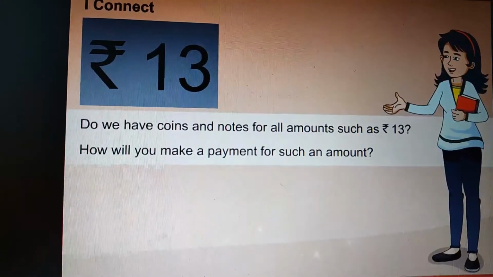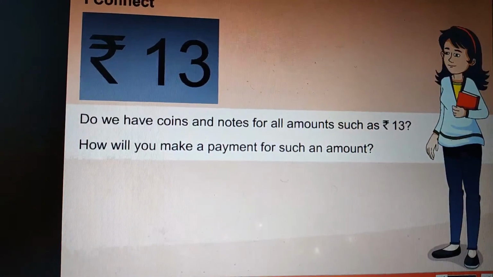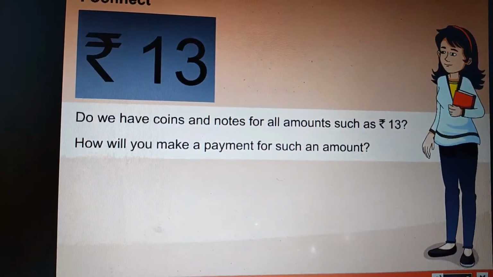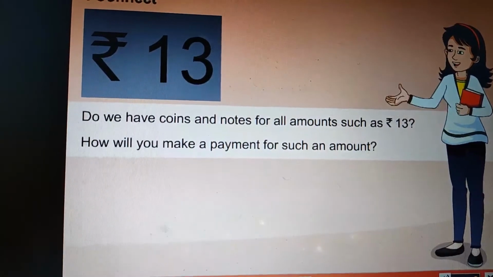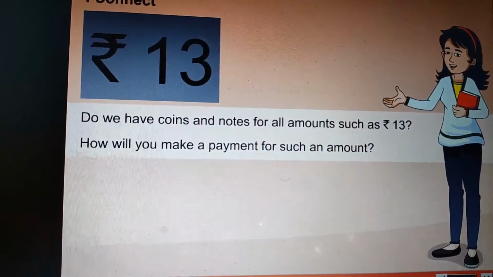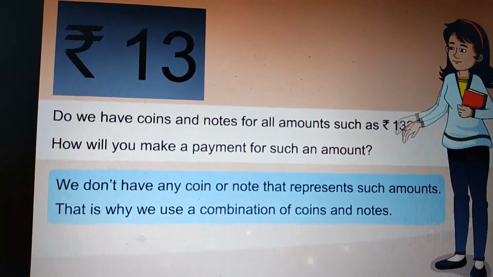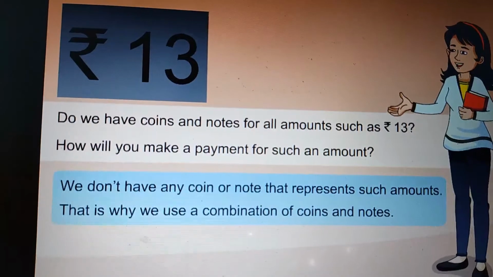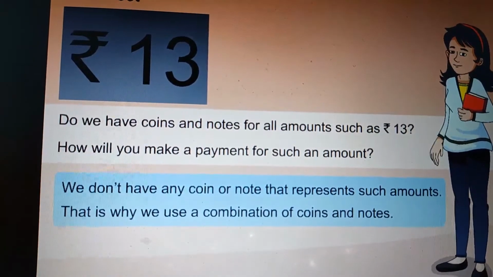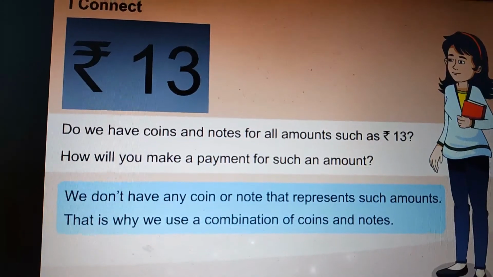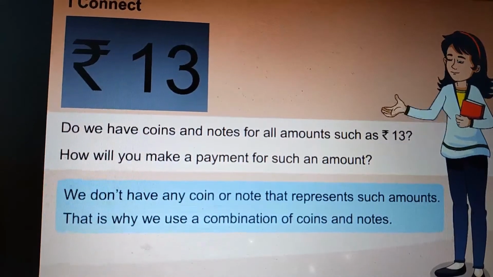Do we have coins and notes for all amounts such as rupees 13? How will you make a payment for such an amount? We don't have any coin or note that represents such amounts. That is why we use a combination of coins and notes.